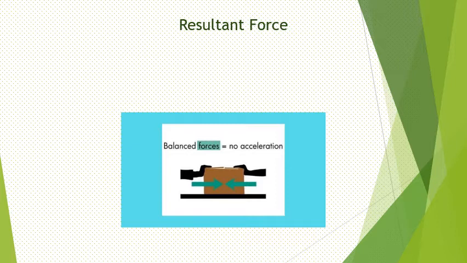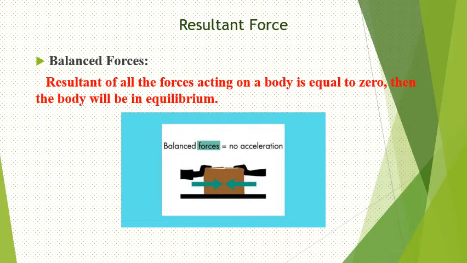Let me discuss the resultant force. Resultant force consists of two types: balanced forces and unbalanced forces. Balanced forces means if the resultant force acting on a body is equal to 0, then the body will be in equilibrium.